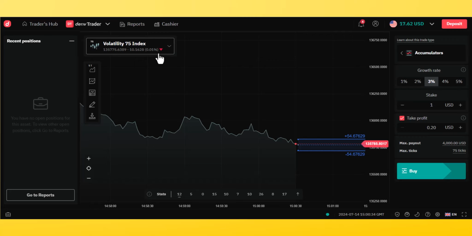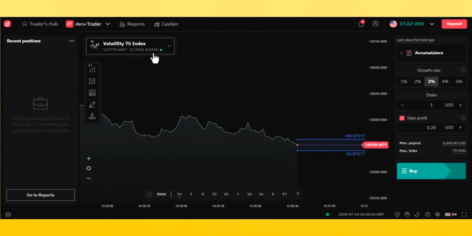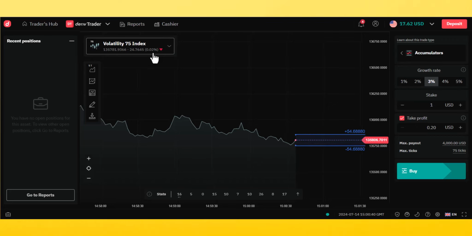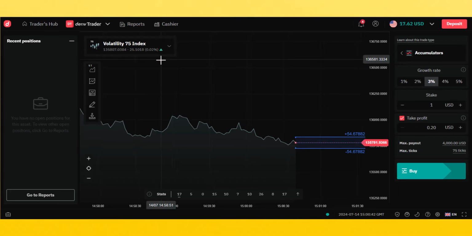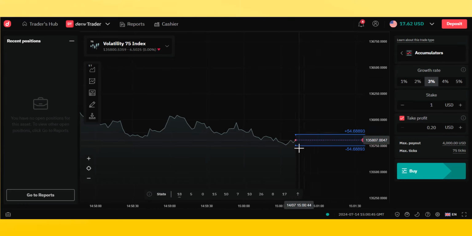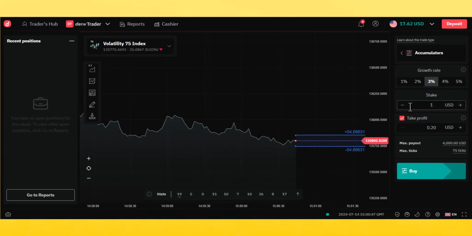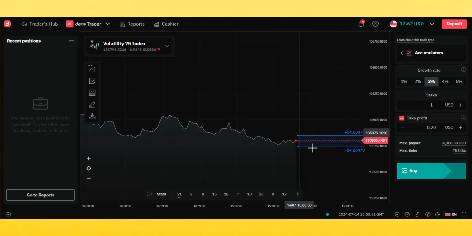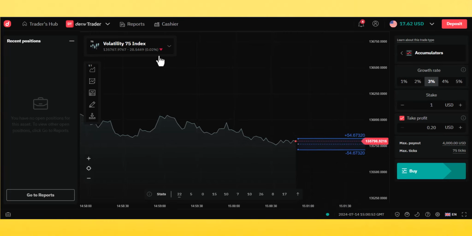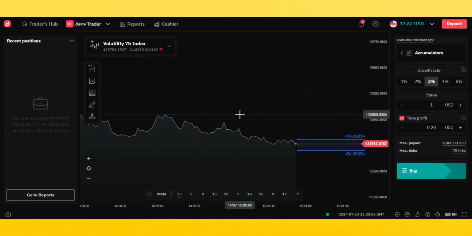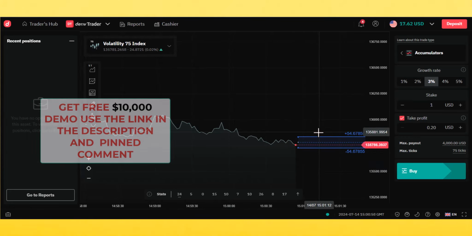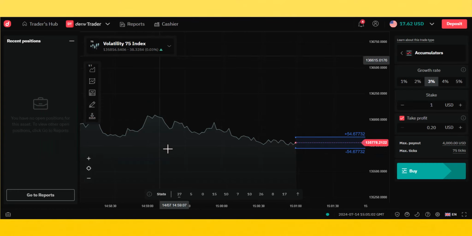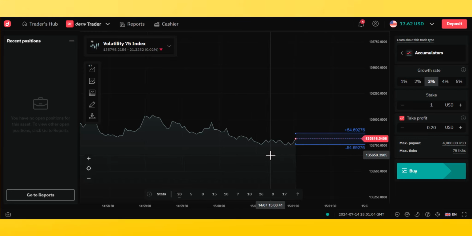Now, if it gives me at least 0.00% to 0.002 or 3, whether on the positive or the negative side, I am sure it is within my 3% growth rate accumulator upper and lower barriers. If it's higher than 0.003, from my experience, it is definitely going to touch or breach the barriers.